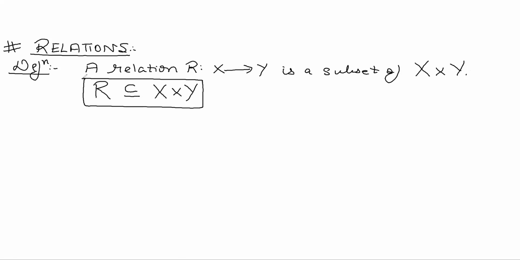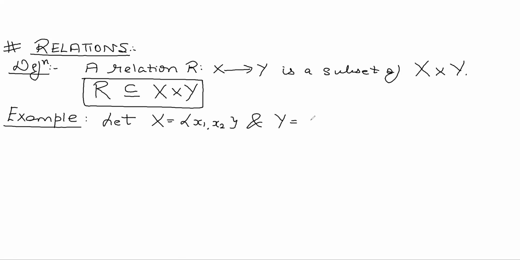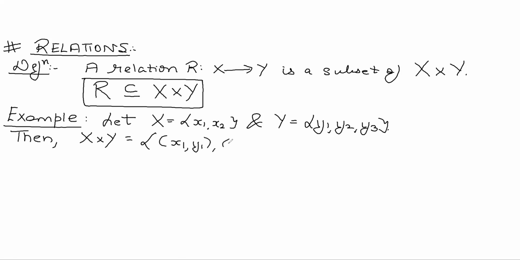Do you want me to explain using an example? Let's look at this example. Let capital X be equal to x1 comma x2 and capital Y be equal to y1 comma y2 comma y3. Then if I ask you what is x cross y, the Cartesian product, you all will be able to answer now: x1 comma y1 and so on. I am writing it.